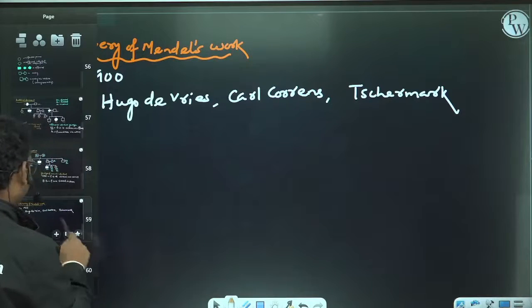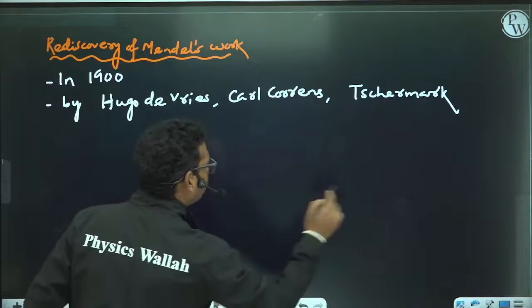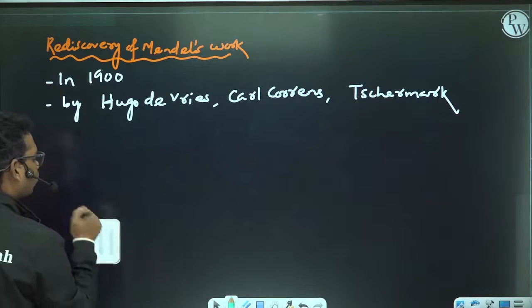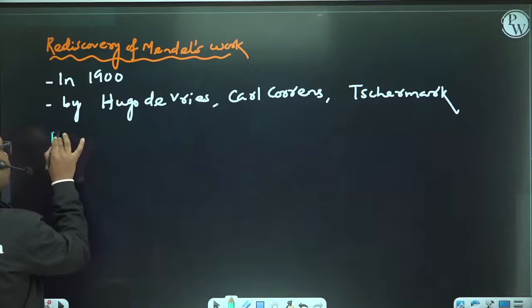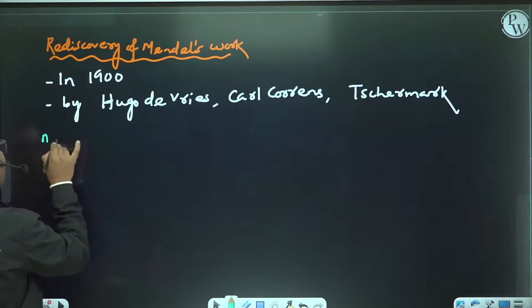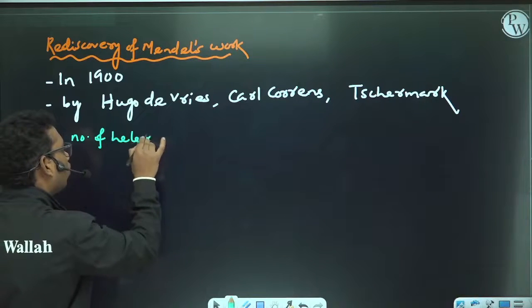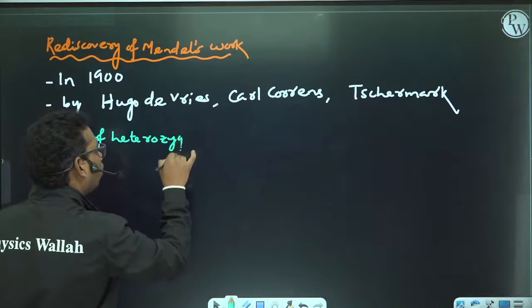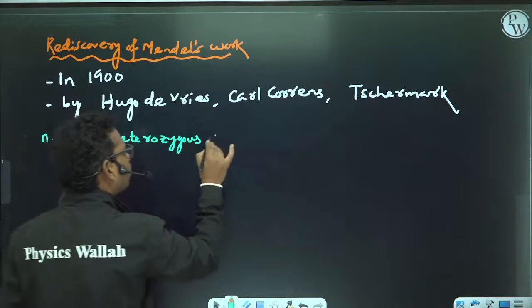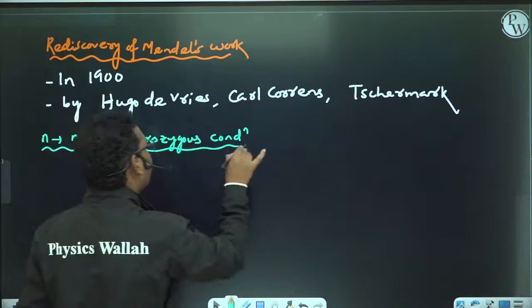Okay, and let me write one more point here. Okay, 1 or 2 points here. So let me write some formula to find out the types of gametes. N is for number of heterozygous condition.